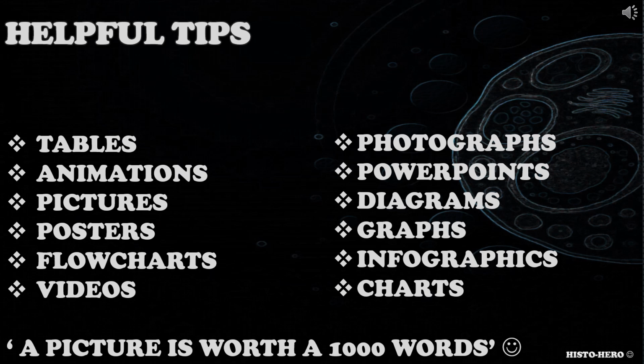Try to make it a little bit more interesting to the reader, who will be your training officer and eventually the assessor. Try to put yourself in their shoes. How would you like to read hundreds of pages of plain text? There is a saying I really like: a picture is worth 1,000 words. I will make a video. I will share with you my evidence I used for my portfolio back in the day. Hopefully that will help.